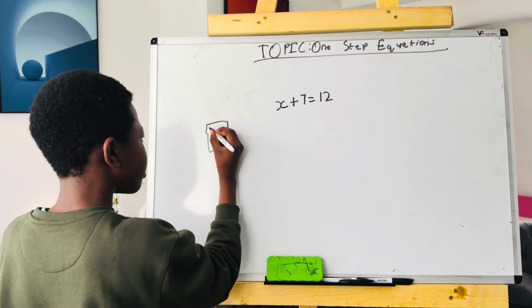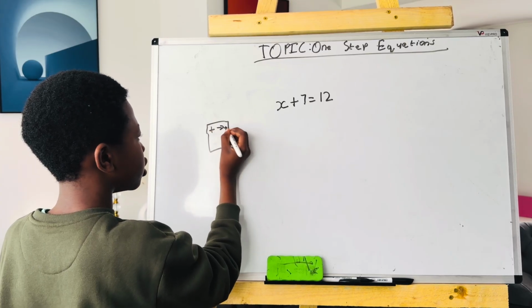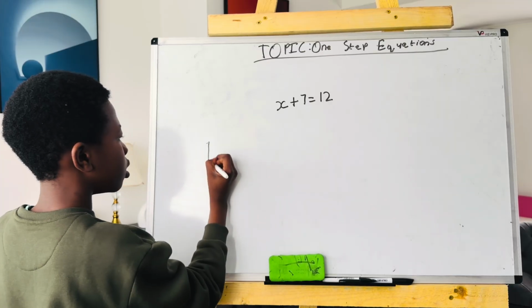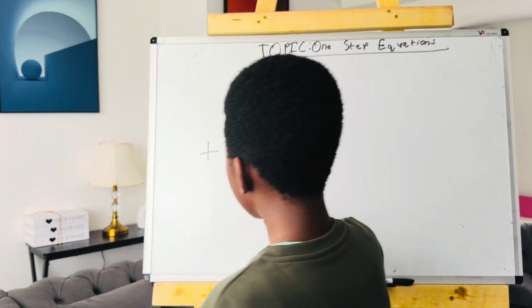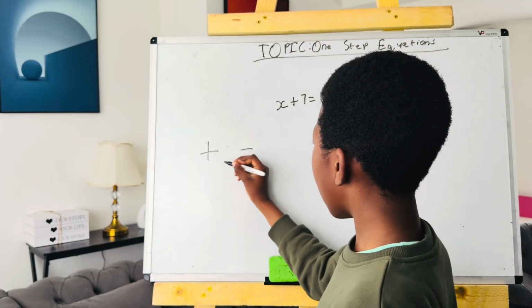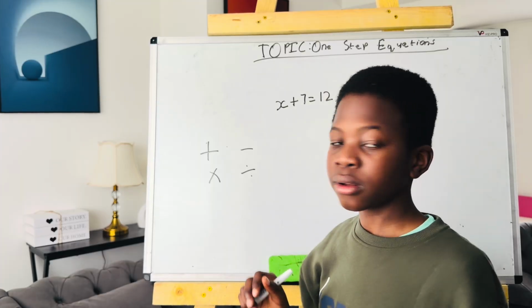So addition will turn into subtraction. Let me make it bigger for you to see. Addition will turn into subtraction because that is opposite, and times will turn into divide, vice versa.